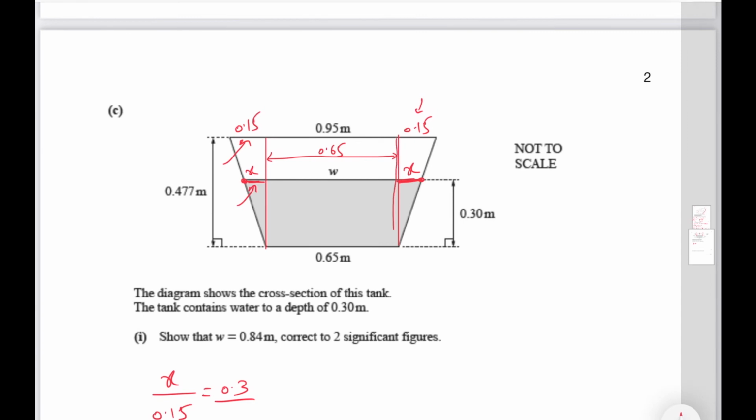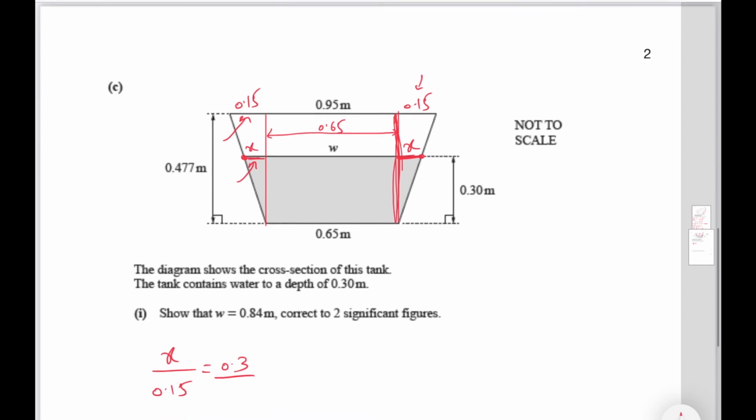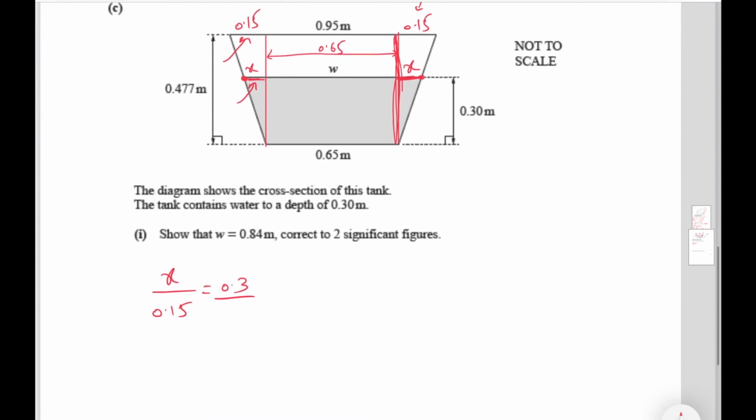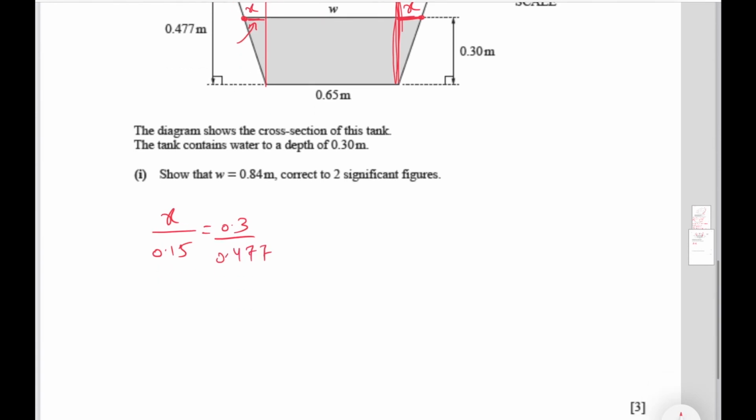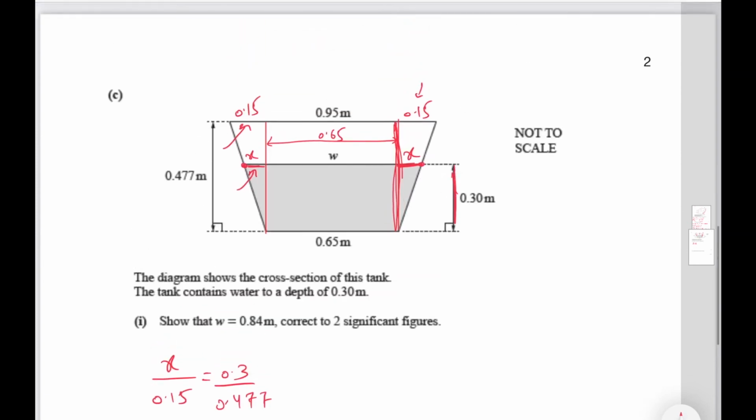The entire side of this shape over here. So when we do this, we do 0.477. Okay, so sorry, I lost the chain of thought in the middle. I'm comparing this height, which is 0.3, with the entire height, which is 0.477.